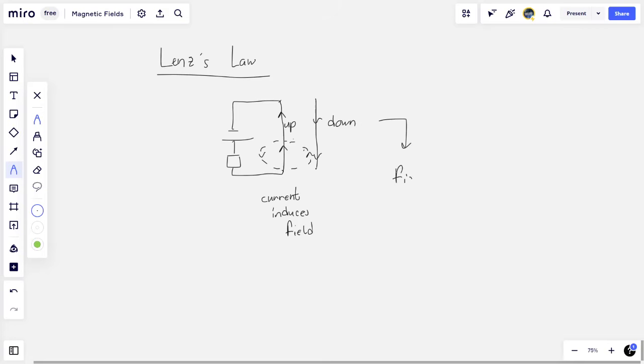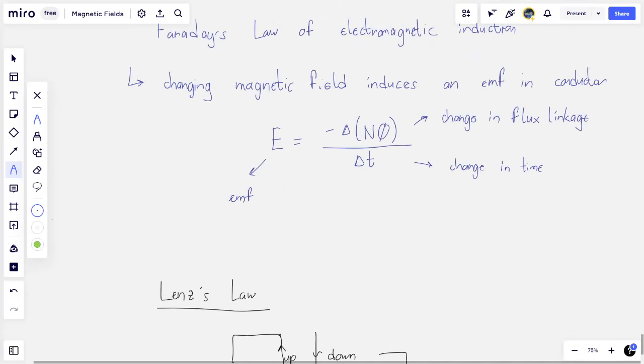It says that the field of the first wire induces a current, or actually an EMF to be more technically correct. The EMF will eventually induce a current that opposes the original. That's where the minus sign comes from in Faraday's law. So this induced current will always be in the opposite direction to the first.